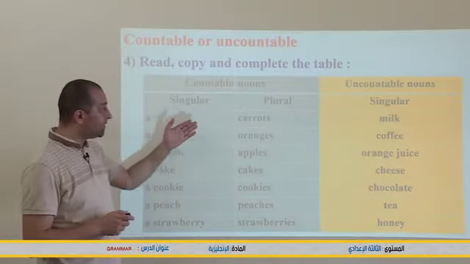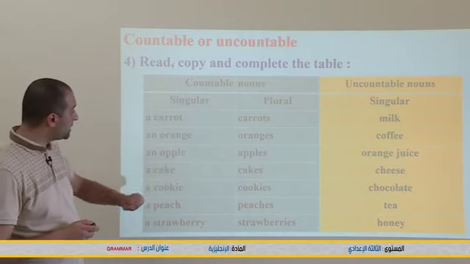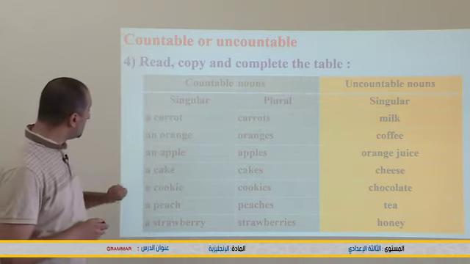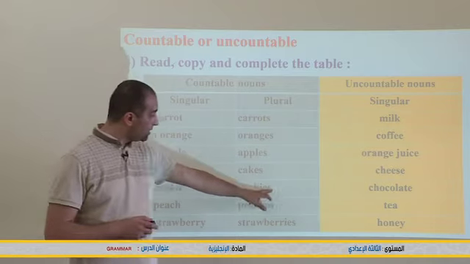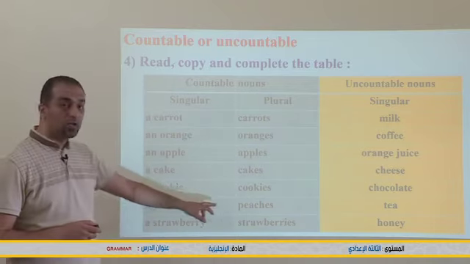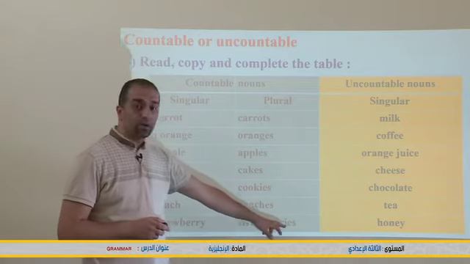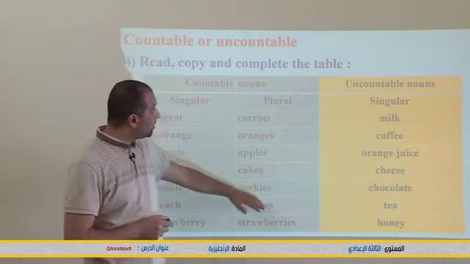So you can add the words that I have here in this chart. I add for you a cookie, cookies, a peach, peaches, a strawberry, strawberries. So these are countable nouns, singular and plural.